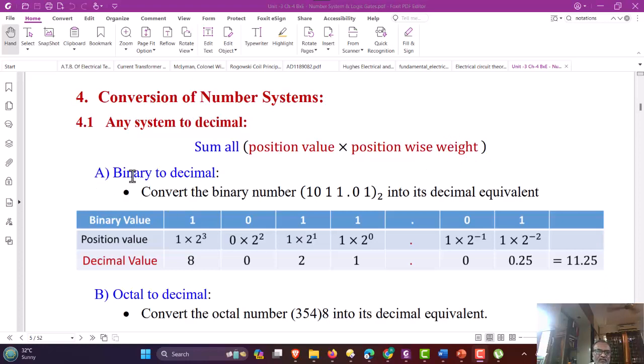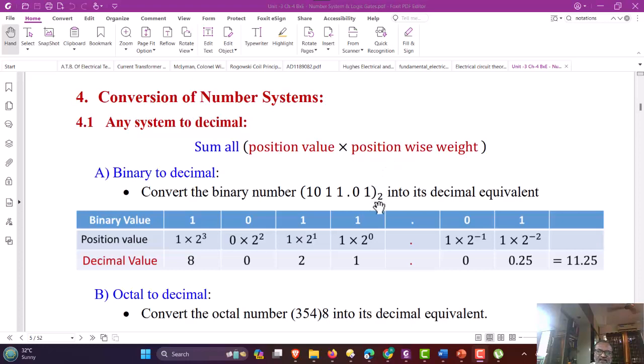Take an example, binary to decimal conversion. The number given in binary is shown here, 1011.01. We have shown the subscript 2 here, which indicates that it is a binary number. That is the way to represent a binary number.